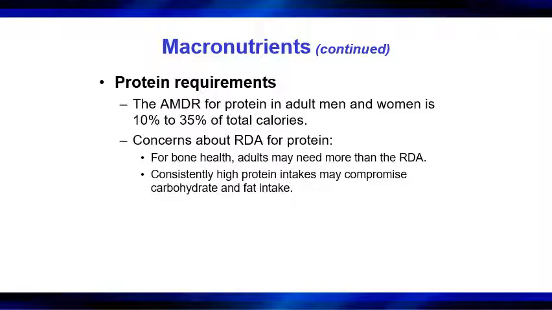So there are some concerns about the RDA for protein. I sort of mentioned this earlier. For bone health, they may actually recommend that adults take in more than the recommended daily allowance that we talked about. They also talk about how consistently high protein intakes may compromise carbohydrate and fat intake. So again, you have to take into consideration your total calories.